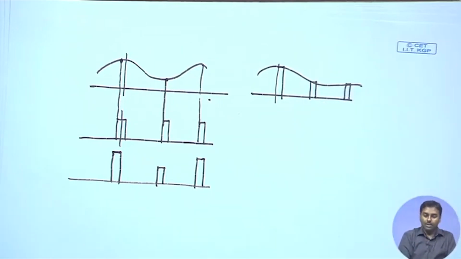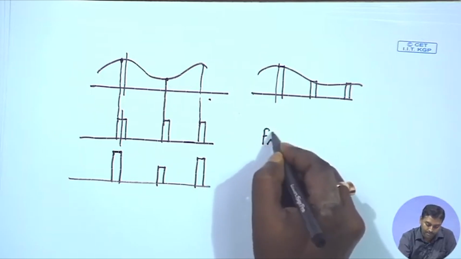This is being realized in a practical circuit by a sample and hold circuit. Basically, we take a sample and hold it for the pulse duration, and that is how the top of the pulse becomes flat, and the corresponding pulse is called a flat top pulse.